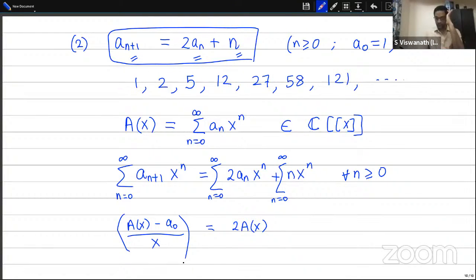Now, there's maybe some slight issue with this whole division by x, because you may ask what this division by x means. I'm saying all the stuff I'm doing here is taking place inside this formal power series ring. Now, what does this 1/x represent?